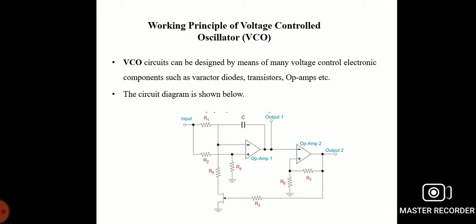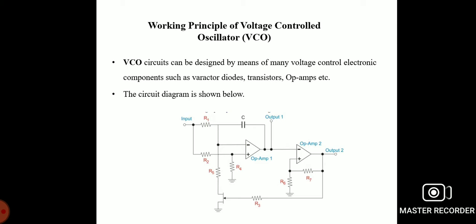The resistances R1 and R2 are current limiting resistances to configure the BJT or FET, that is, the field effect transistor. So it can be a voltage controlled device. The R3 resistance is given to the gate terminal of the FET, the field effect transistor.